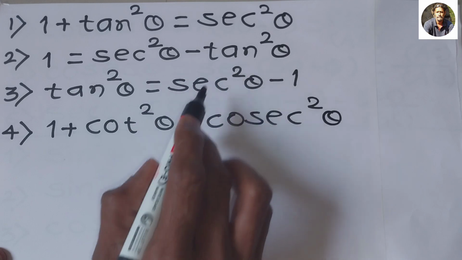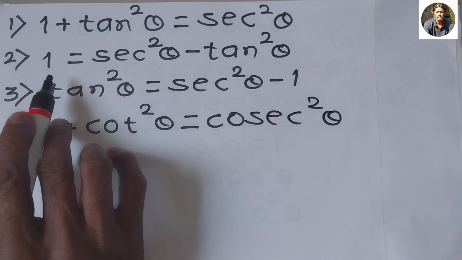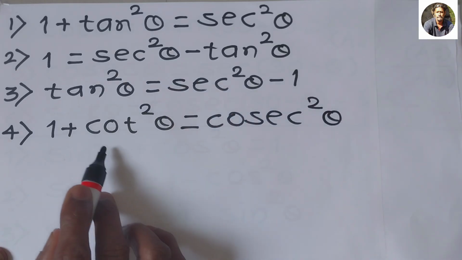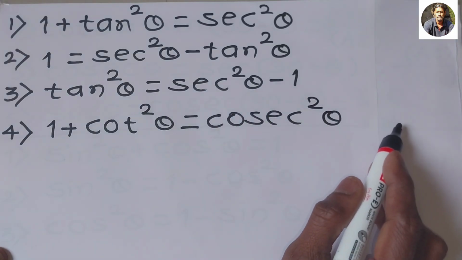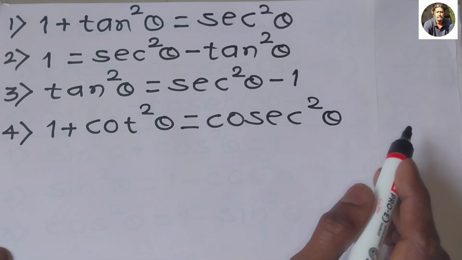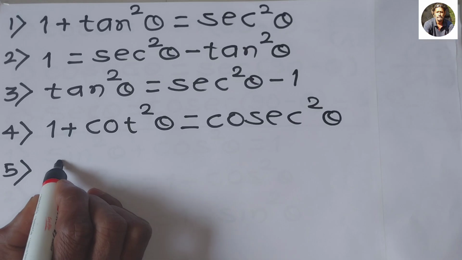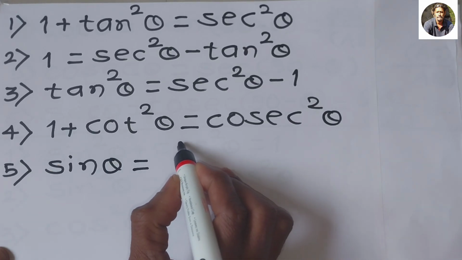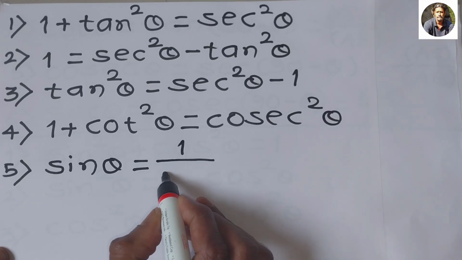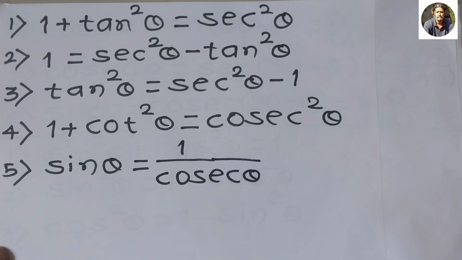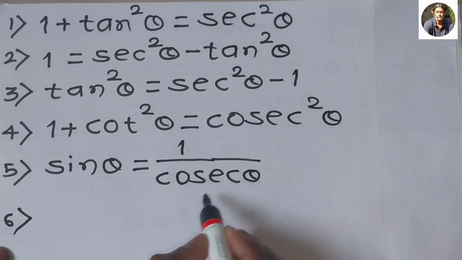Same way we change it like this: we take cot²θ to the right side, then it becomes minus, and we take 1 to the right side, then it becomes minus. Now sin²θ is equal to 1 upon cosec²θ.